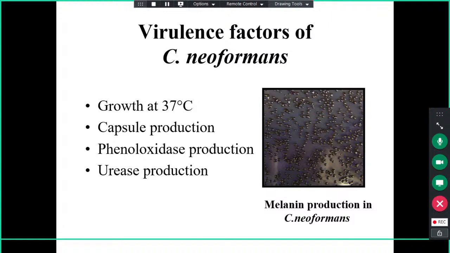And urease production, again the urease enzyme is there in the fungi, so that will form alkaline conditions in the body, and that can be useful for the organism to enter the brain.